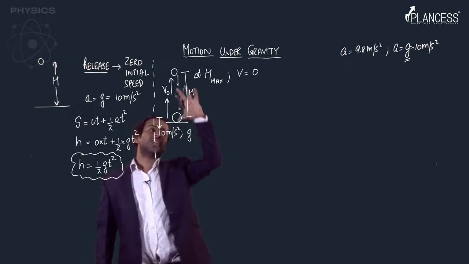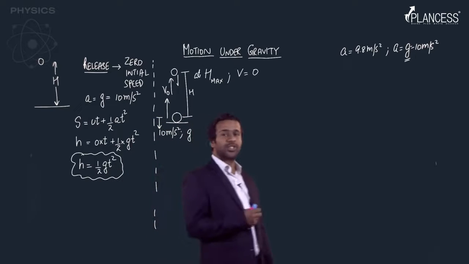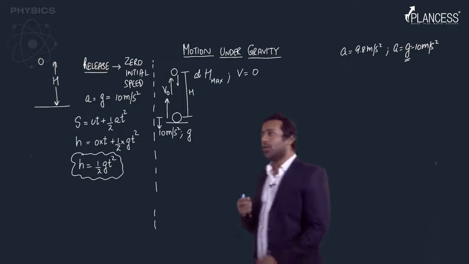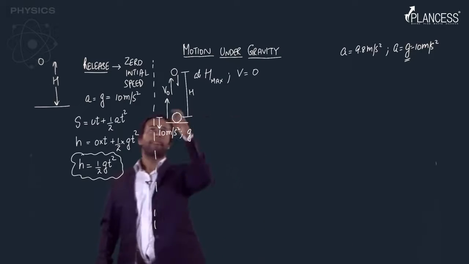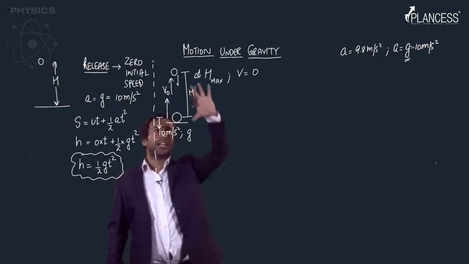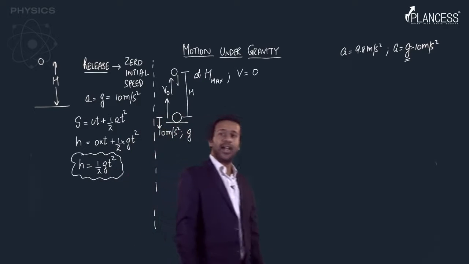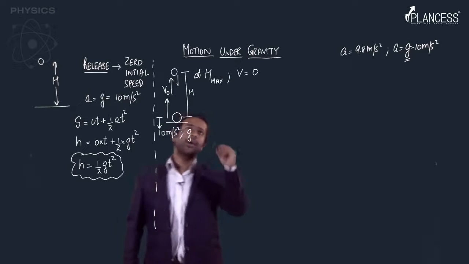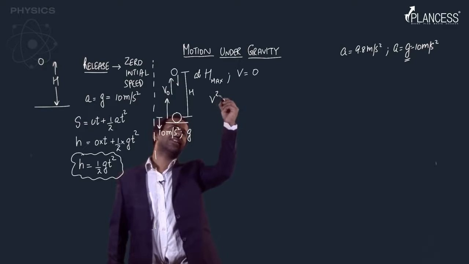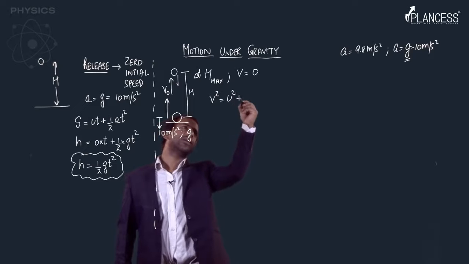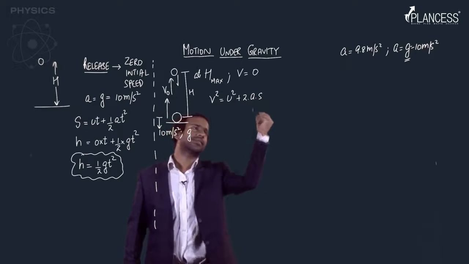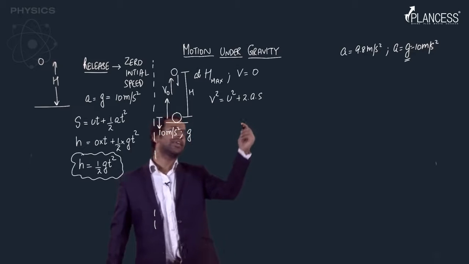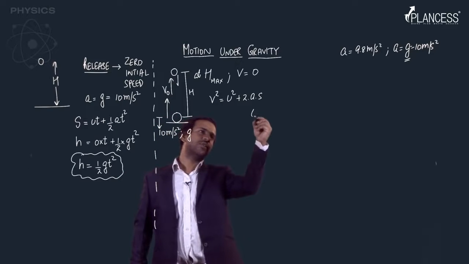So we can use the third equation of motion, and the reason we are using the third equation is because we know the initial speed, the final speed, the displacement we are interested in, and the acceleration is known to us, right? So we use the third equation of motion, which tells us that v square is equal to u square plus 2as, right? So once again, when we talk about gravity, the acceleration first of all will be g.